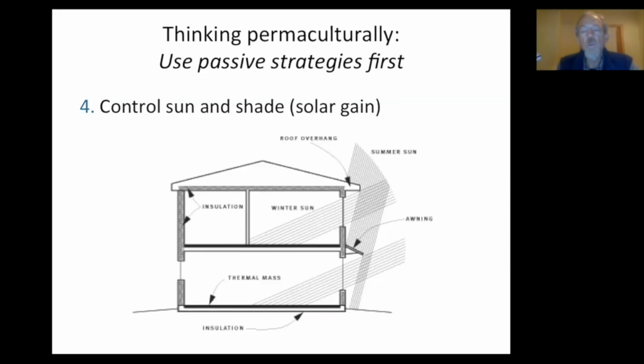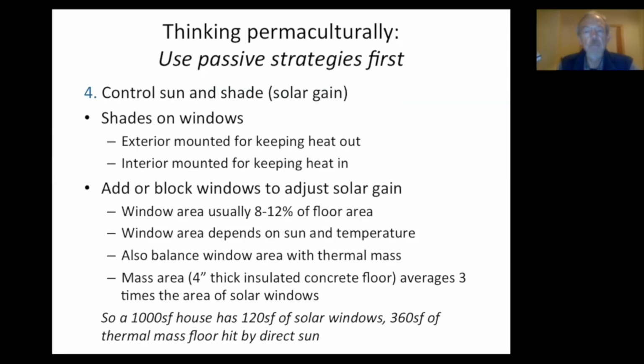And then during the winter, when the sun is much lower in the sky, the roof overhang is sized right, usually 18 inches to 2 feet or so, so the sun will come in through the windows. It's a nice passive strategy for blocking the unwanted summer sun, but allowing in that much needed winter sun. And then obviously insulating everything is another part of that passive strategy.